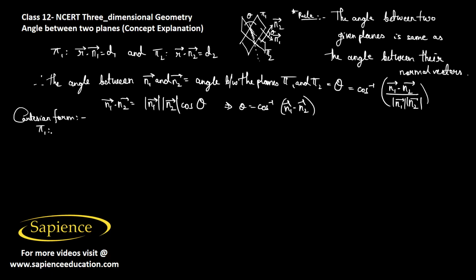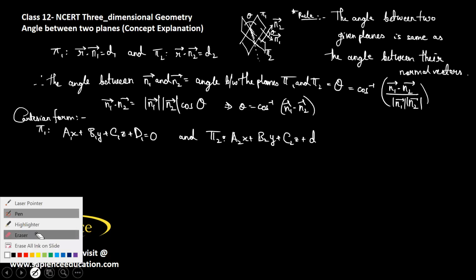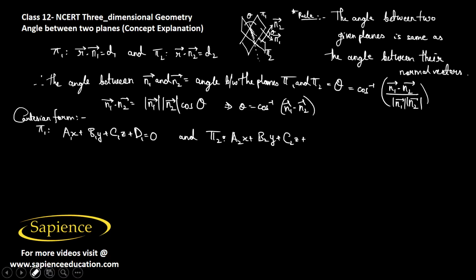So suppose the equation of the plane pi1 is given as a1x plus b1y plus c1z plus d1 equal to 0, and the equation of the plane pi2 is given as a2x plus b2y plus c2z plus D2 equal to 0.